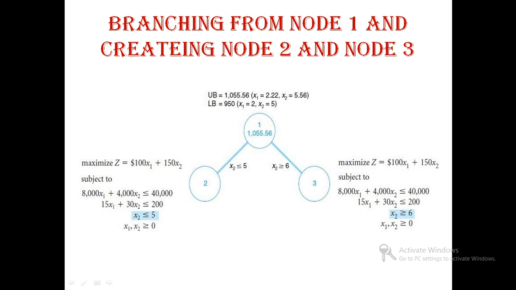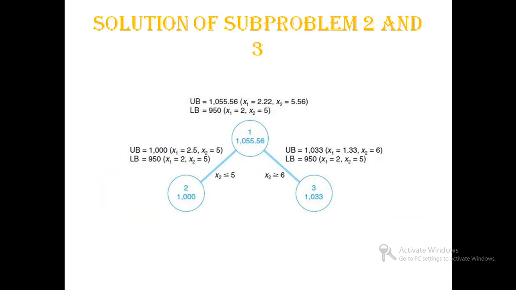Again, we solve them using the graphical method or any conventional method like the simplex method, and we obtain the solutions. The solution of sub problem 2 is x1 equal to 2.5 and x2 equal to 5, and the solution of sub problem 3 is x1 equal to 1.33 and x2 equal to 6.